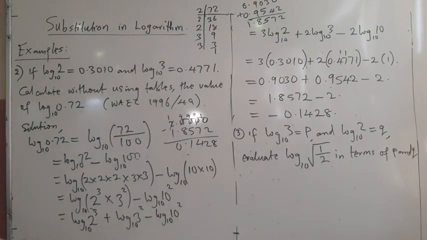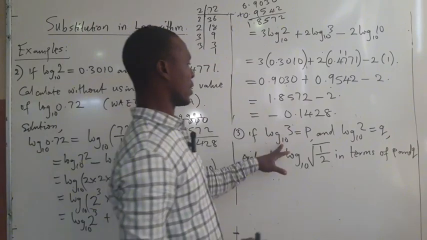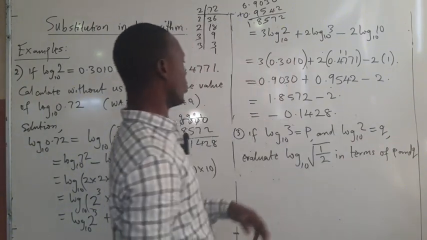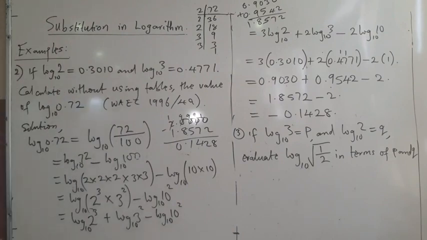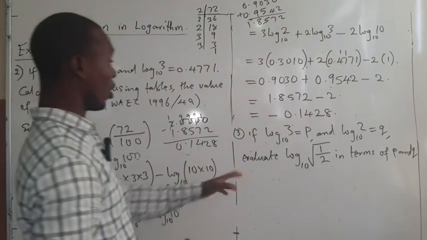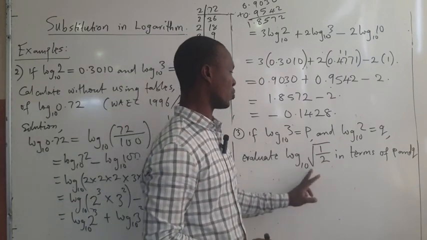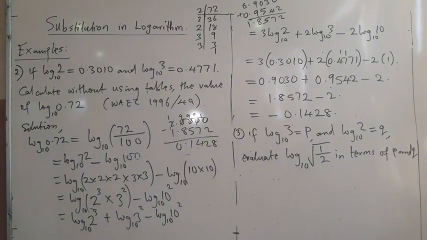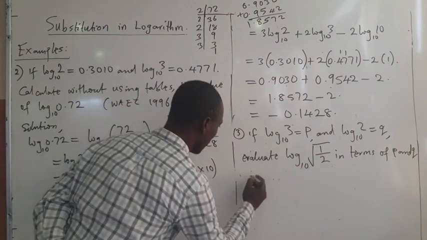Question 3 says, if log 3 base 10 equals P and log 2 base 10 equals Q, evaluate log square root of 1 over 2 base 10 in terms of what? P and Q.